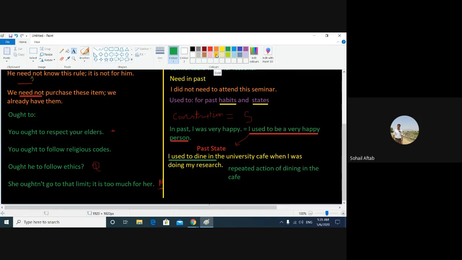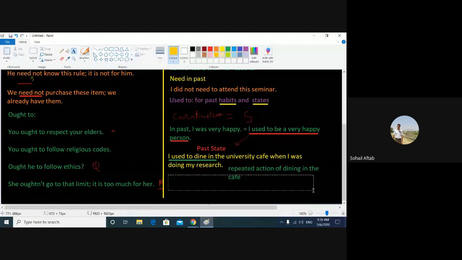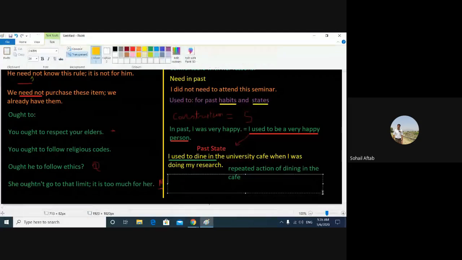Let's take some other color for the would structure. Okay. What exactly does would do for us? Would does half of the job, as I told you.